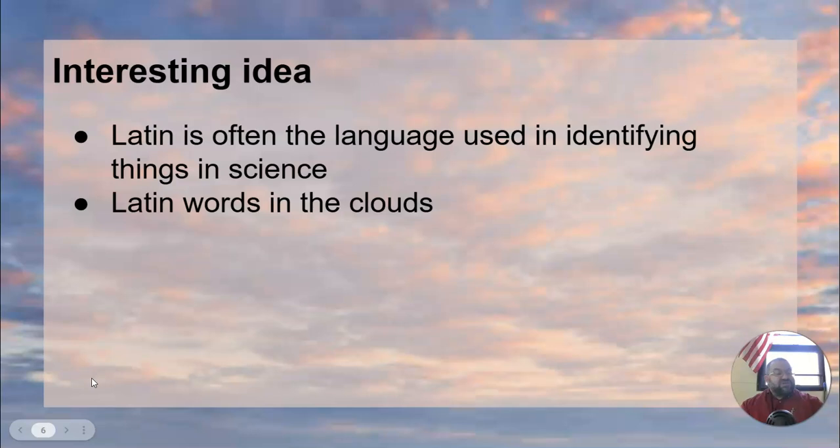So, by chance, did you catch that a lot of those words were used multiple times? Example, alto, or cumulus, or strato. Those words come from the Latin language. And I'm going to read a little something here about Latin.